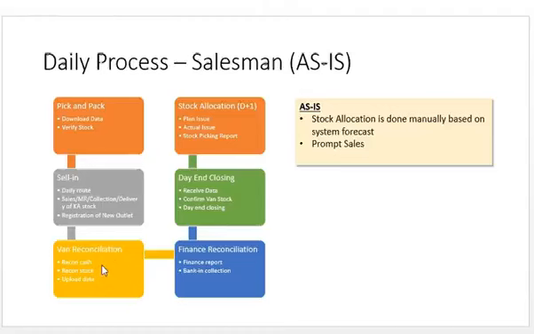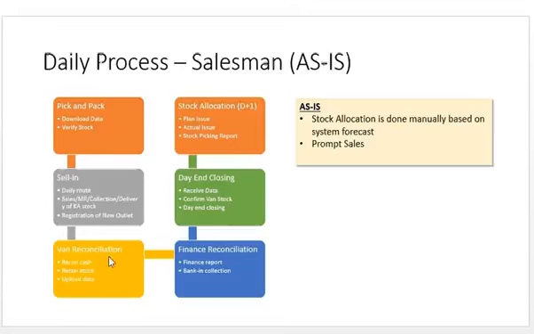And the two most important things they do: the first one is the stock reconciliation, to ensure that whatever is in the PDA tallies with whatever is inside the van, again just like in the morning. And they will also count all the cash. So they'll do also cash reconciliation to make sure that whatever is in the summary report from the PDA tallies with the physical cash that they collected for the day.